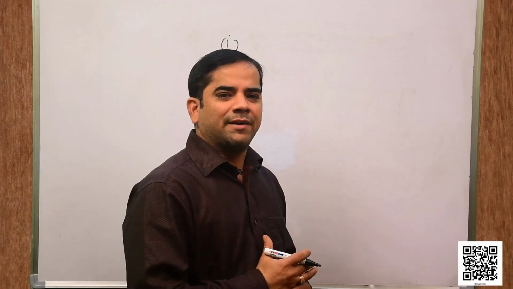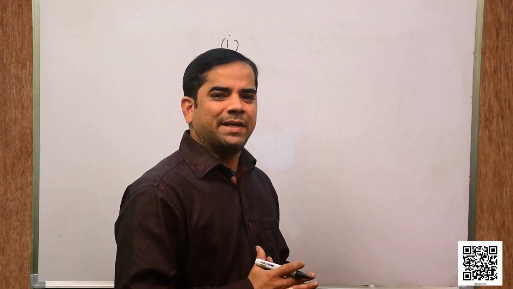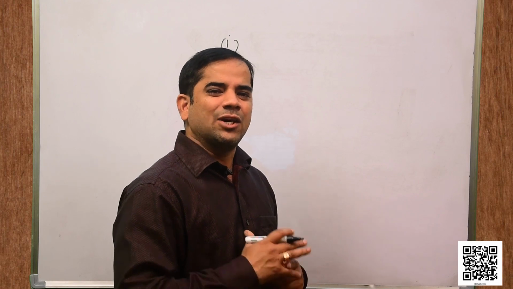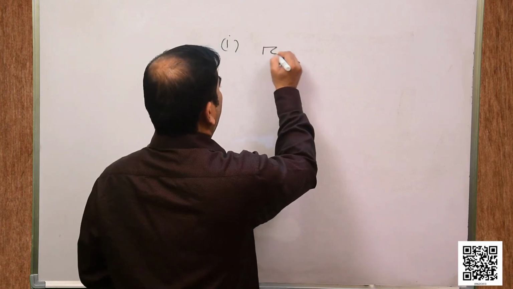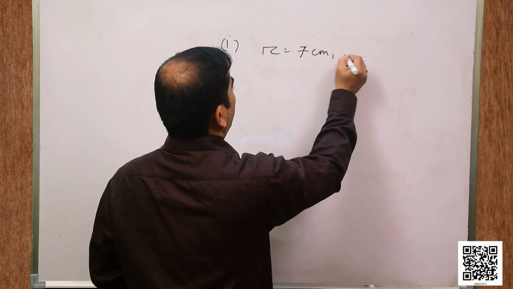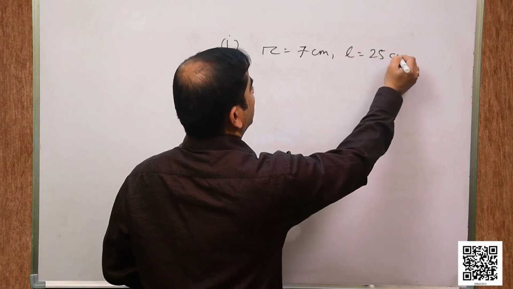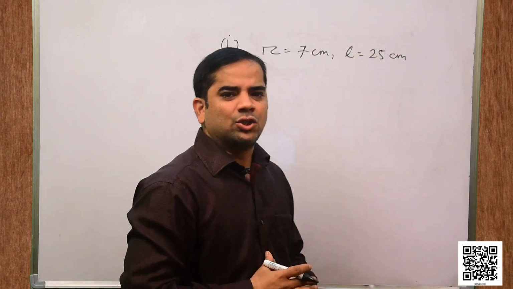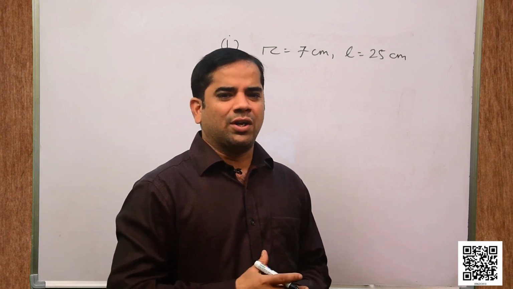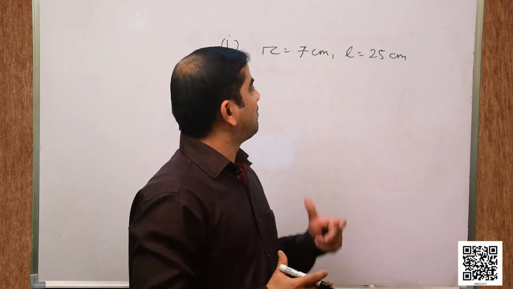Students, for bit 1, the radius is 7 centimeter and slant height is 25 centimeter. So r is 7 centimeter and l is 25 centimeter. Okay. So to find out the volume, we need to have the height.